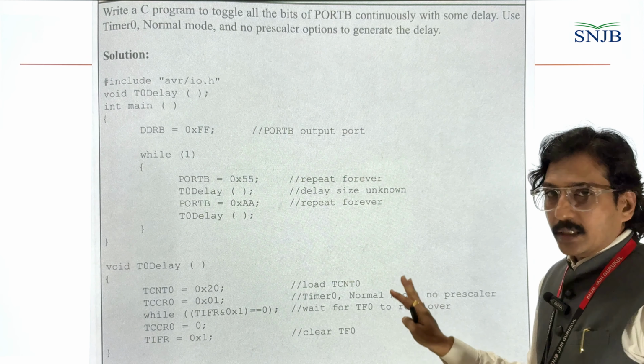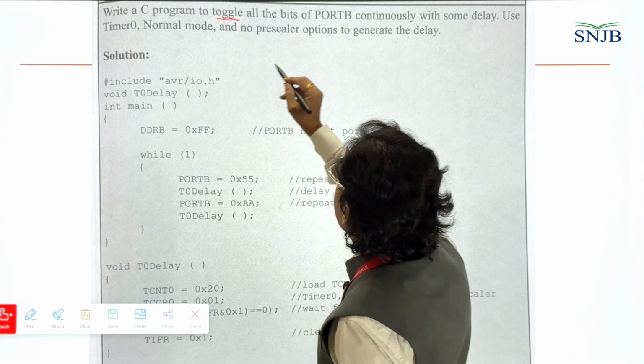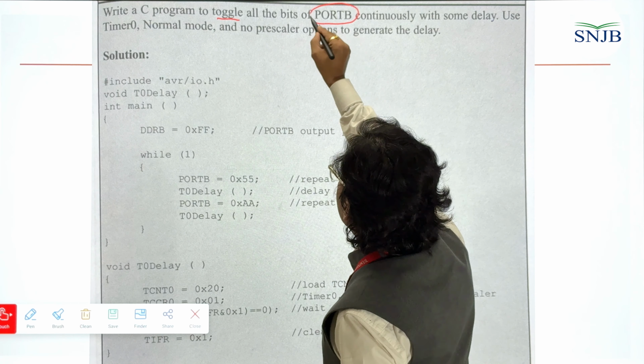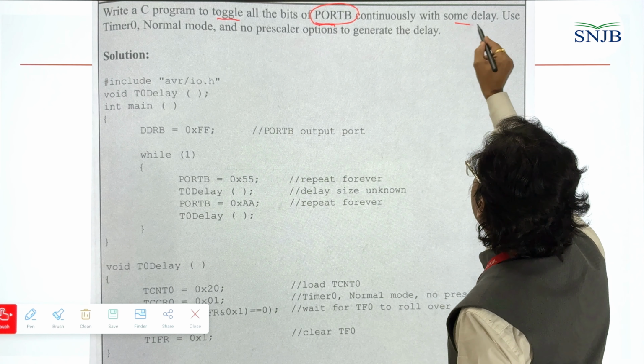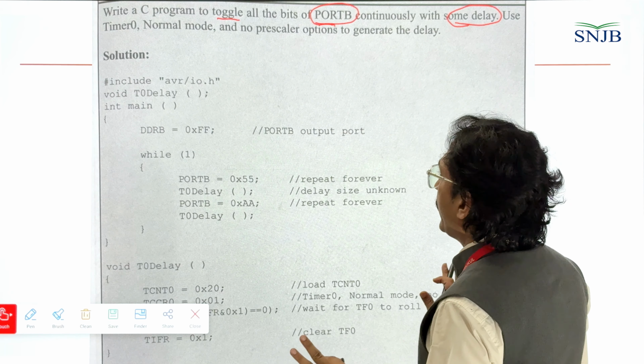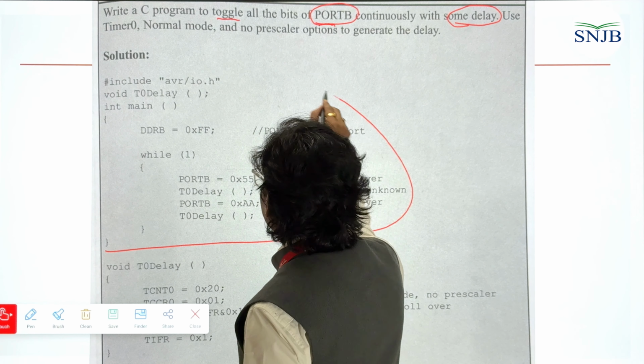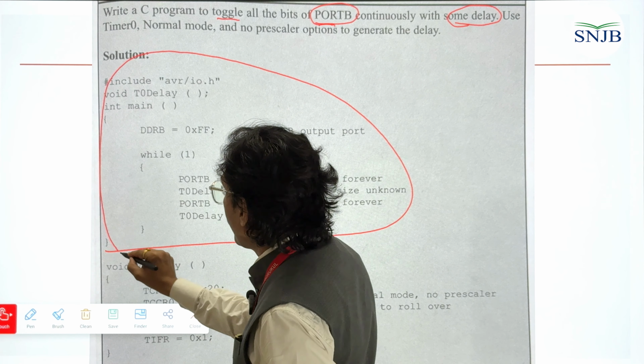So this is a simple program where it is expected to again toggle the bits of port B continuously with some delay. The delay is not mentioned. This program is the same as the toggling bits program.